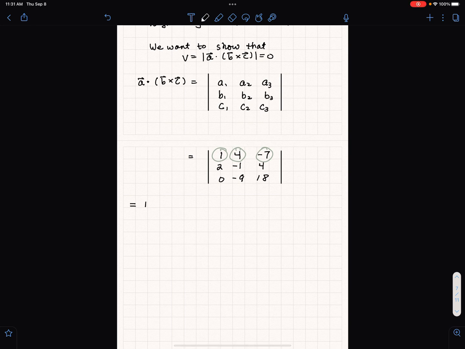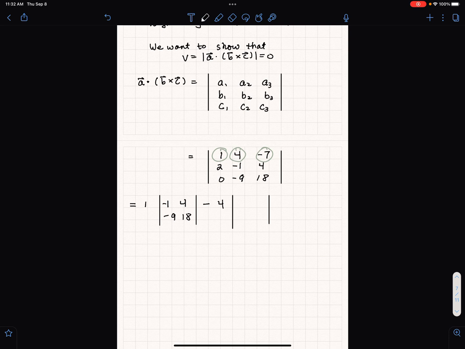It's 1 times the 2 by 2 determinant found by scratching out the row and column that the 1 has. So I have negative 1, 4, negative 9, 18. And then I subtract, and it always goes plus, minus, plus. So I subtract the next entry on the first row, which is 4, and I multiply by the 2 by 2 determinant found by scratching out the row and column that contains that 4.